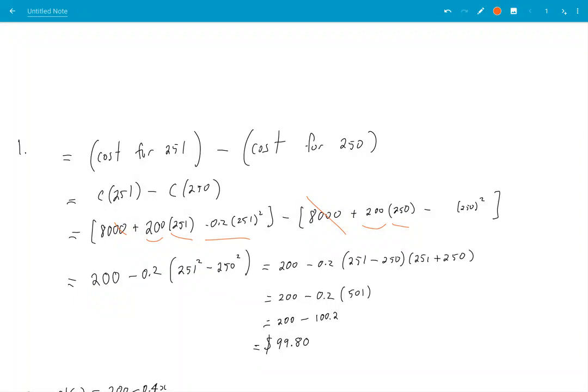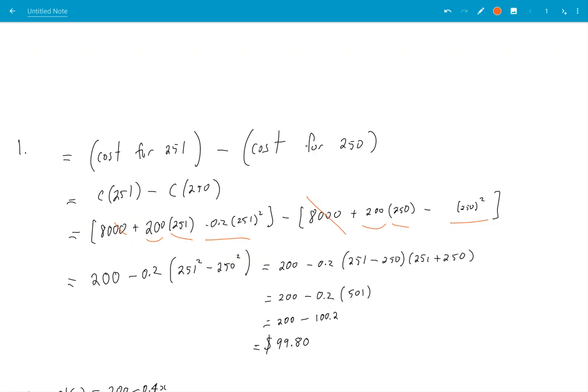And then I combine these two terms here into this. Anyways, this is all very fancy because I don't want to use a calculator unless I absolutely have to. In the end, I get this. So you can calculate this however you want. And we get about almost $100.